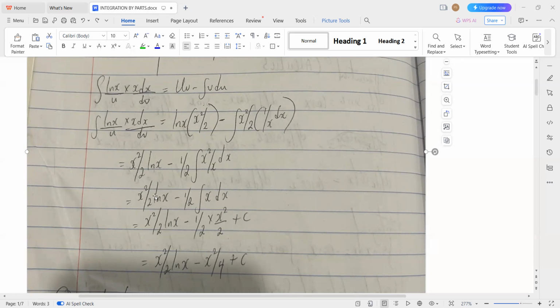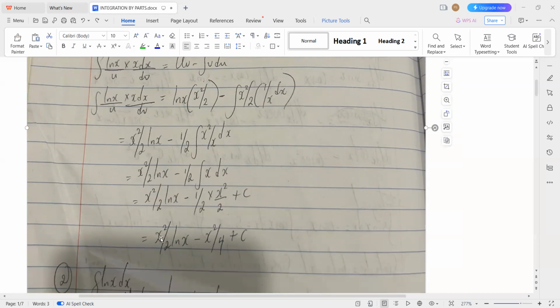So you have x squared over 2 natural log of x minus 1 over 2 times integral of x dx. Integral of x dx is x squared over 2 plus c. Then you have the answer: x squared over 2 natural log of x minus x squared over 4 plus c.